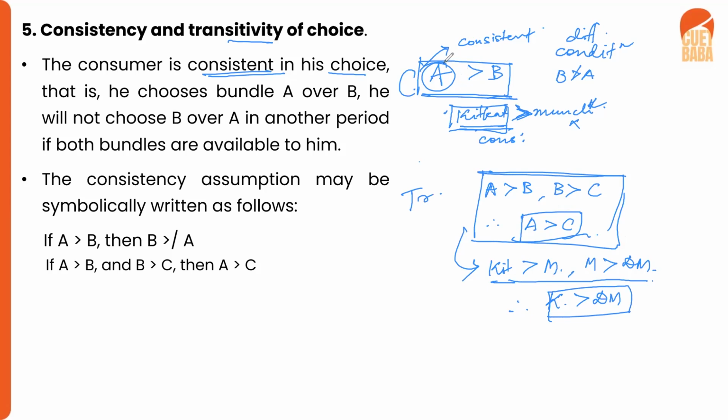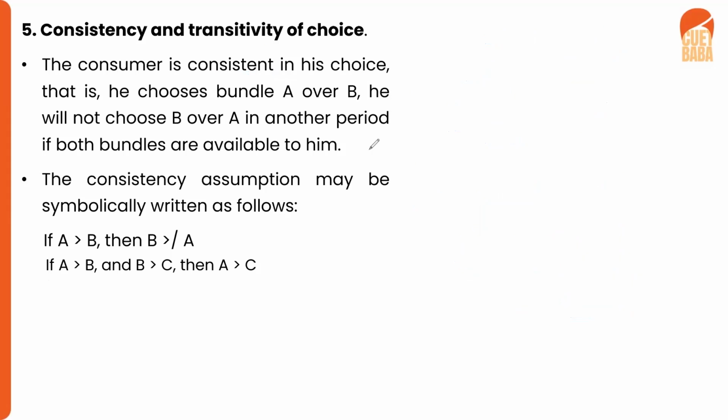So in consistency, A would always be chosen over B, and in transitivity, if A gives more satisfaction than B and B more than C, then A would always be more than C. So that is the theory of transitivity.